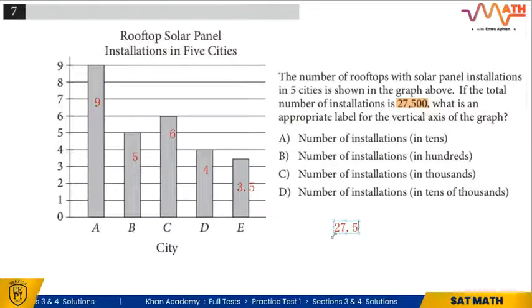The total amount in the graph is 27.5. So to make it 27,500 you have to multiply by 1000. So answer is the number of installations in thousands. Each number here, like 9, represents 9,000, 5,000. So the total will be 27,500.